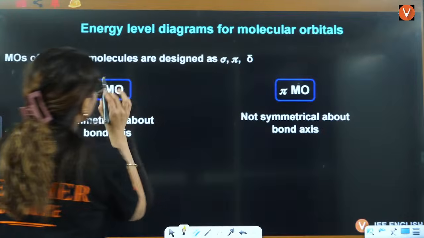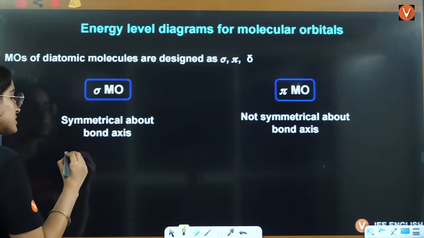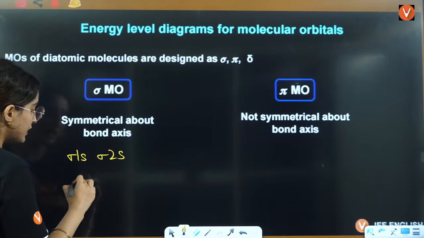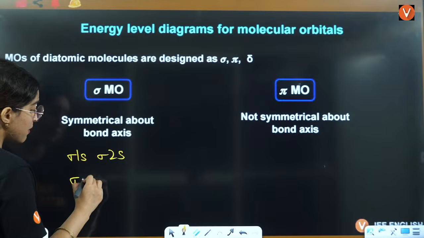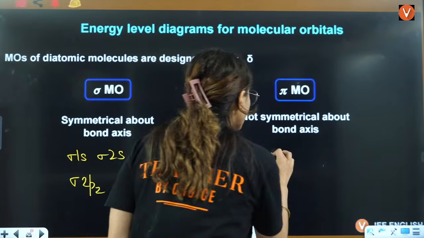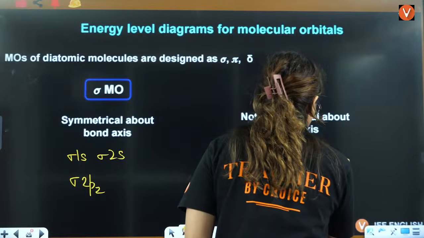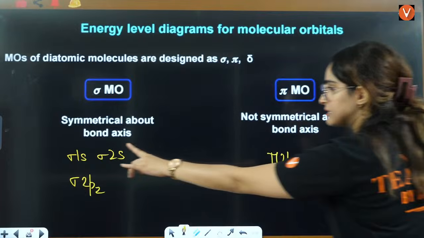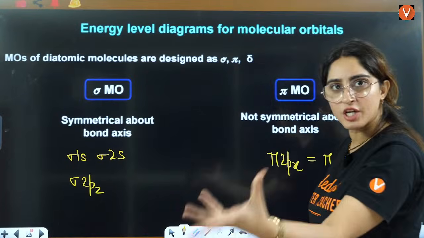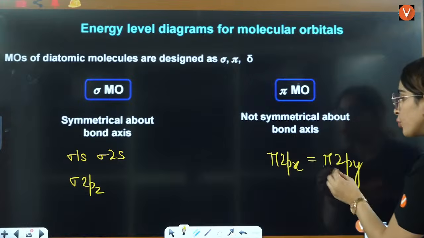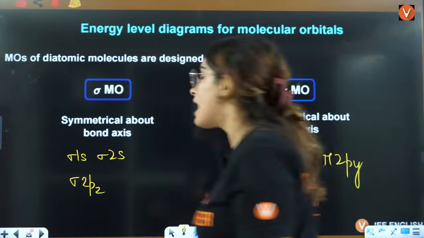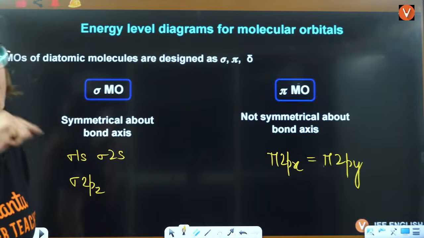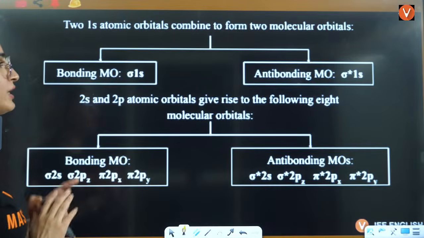In case of sigma bonding molecular orbital, sigma will be with 1s, with 2s, it can be with sigma 2pz, and pi will be with 2px and pi will be with 2py. 2pz has sigma, that is by convention we take it like that, and 2px and 2py will have pi, okay, and always they will have equal energies, whether in anti-bonding or in bonding, always they will have equal energy, right?